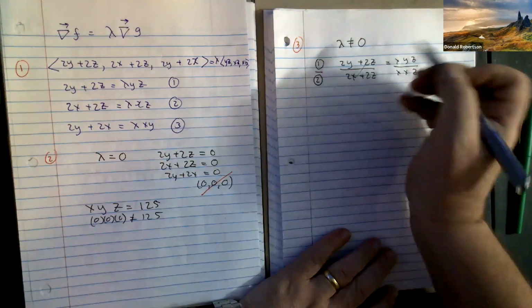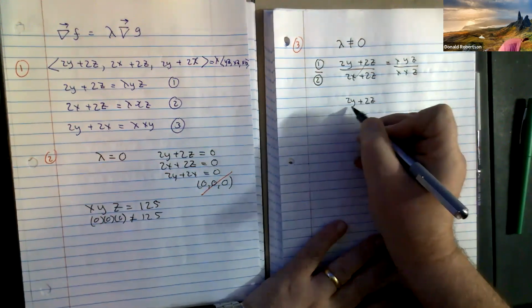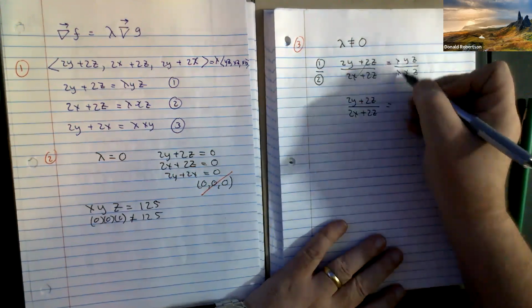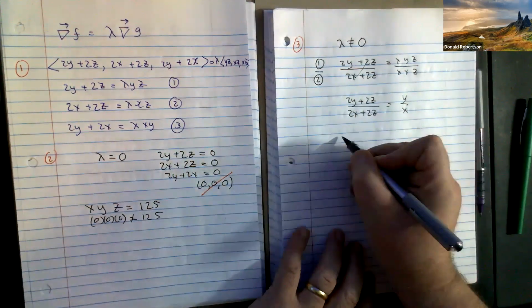I guess I could cancel the 2's, I'm just not going to bother. So I'm going to have 2y plus 2z over 2x plus 2z. And the lambdas cancel and the z's cancel, so at least I get that. I'll now do a cross multiply.